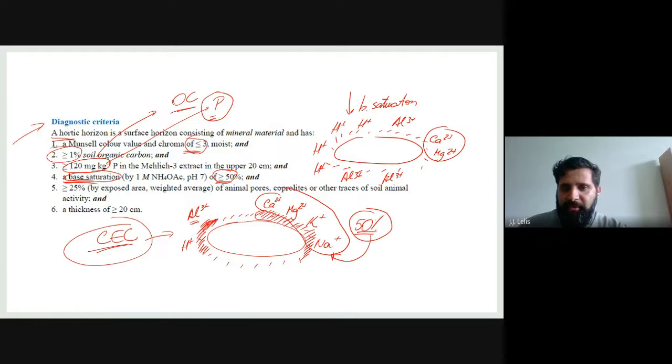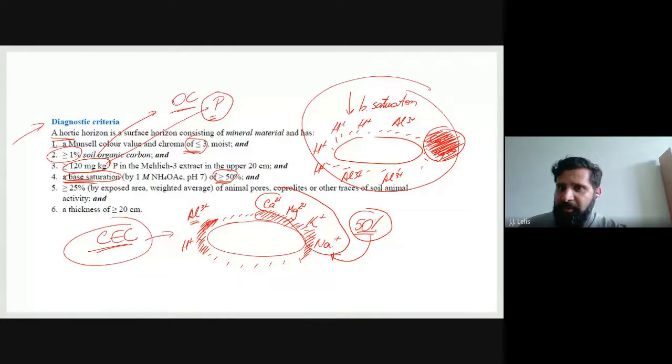Okay, but why is this important? Because if I present a soil with a low base saturation, it means that the natural fertility of this area could be low, because I don't have a high content of nutrients. I don't have a high content of bases.